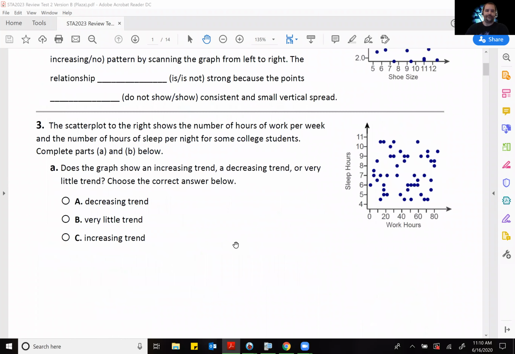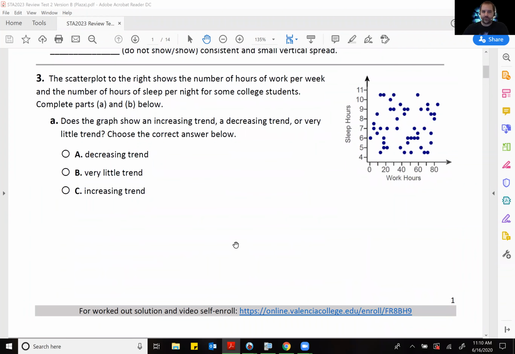All right, so part 3, we have two parts to this. It actually continues on to the next page. The scatter plot shows the number of hours of work per week and the number of hours of sleep per night for some college students. So part A, does the graph show an increasing trend, decreasing trend, or very little trend?